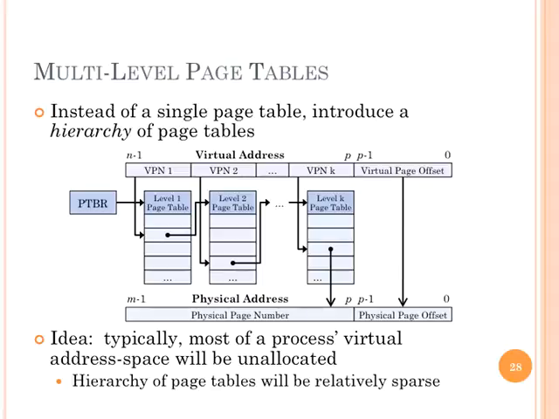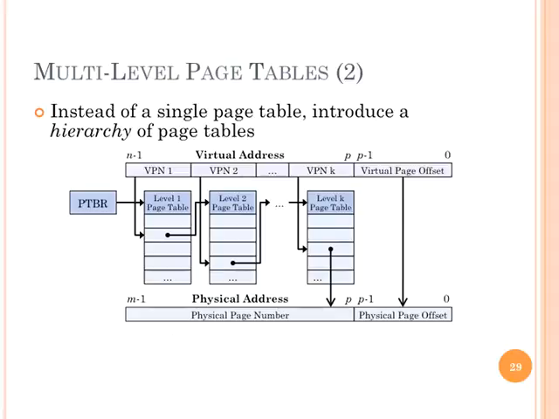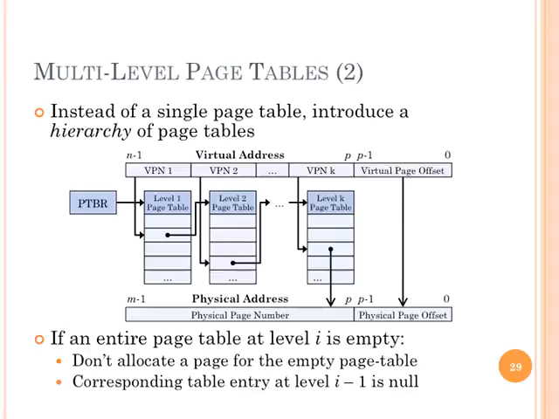So I can't go too deep. The deeper, the more levels I make, the finer grain I can be, but the more memory accesses I have. The highest that I know of is old Sun Sparc chips that would have 7 levels in the memory access hierarchy. That's pretty expensive. I have now 7 memory accesses for a virtual to physical address translation.